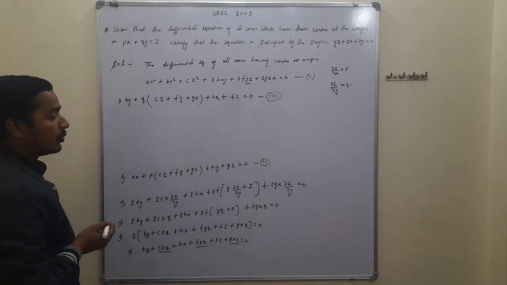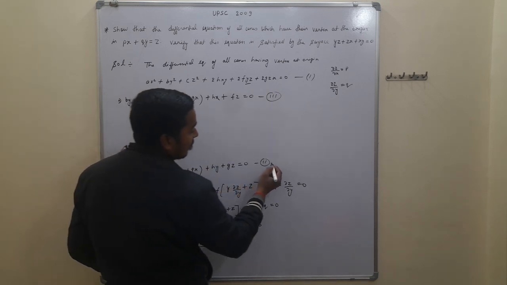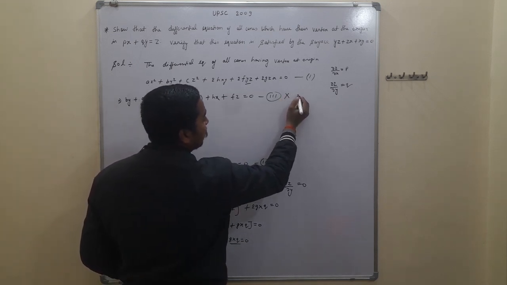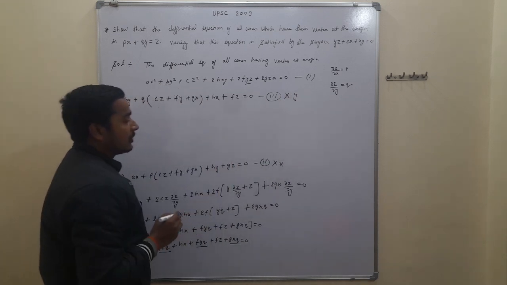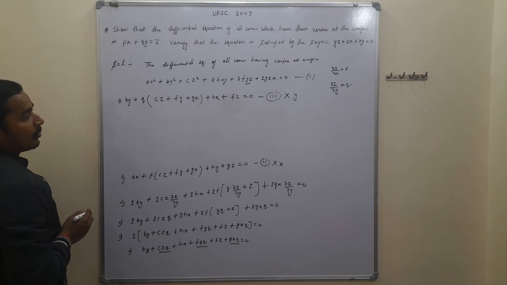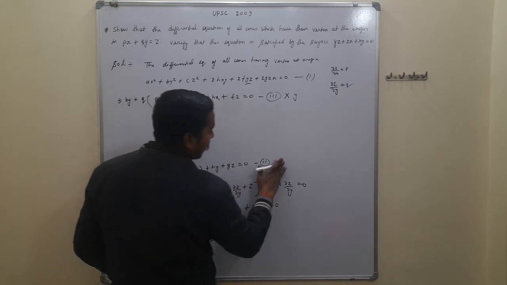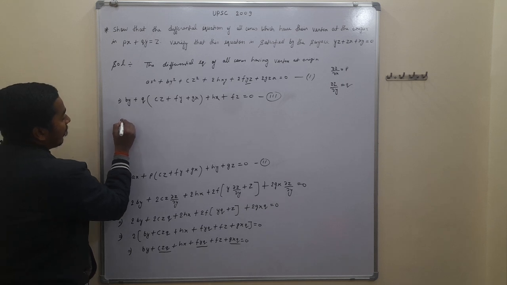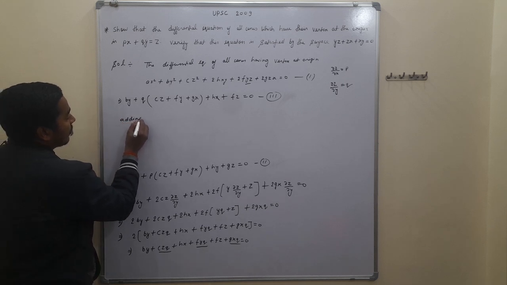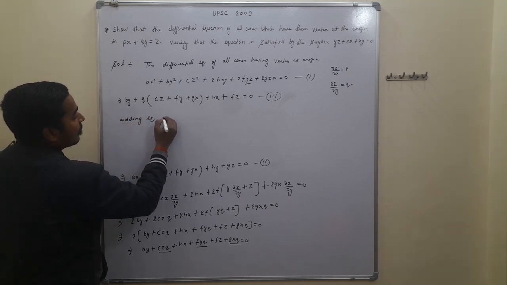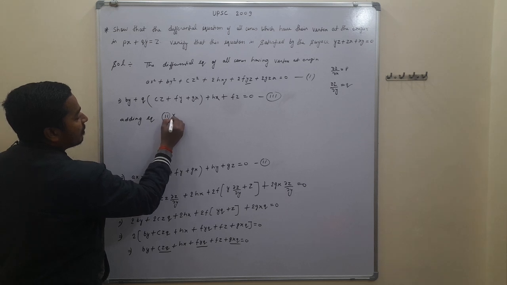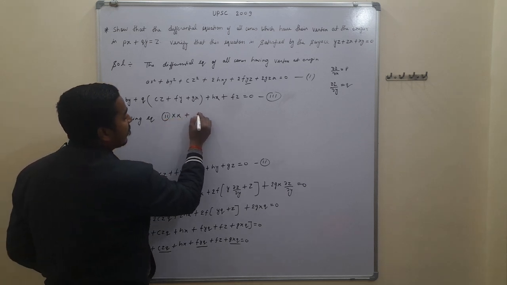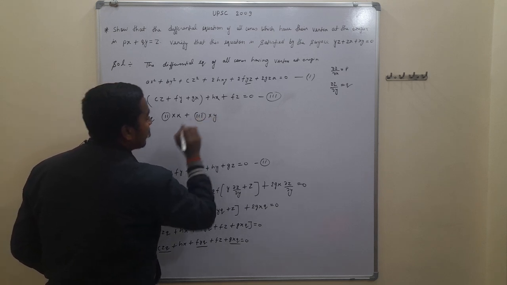And equation 2 multiplying with x, and equation third multiplying with y first. Then we have to write once again, adding equation 2 multiplying with x plus equation 3 multiplying with y.